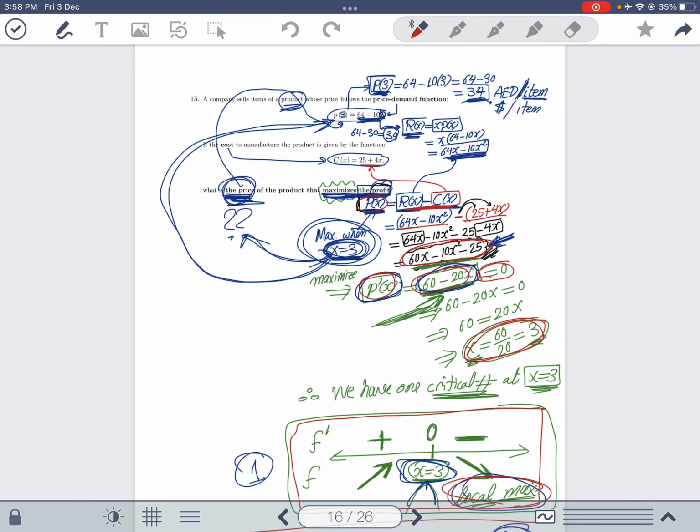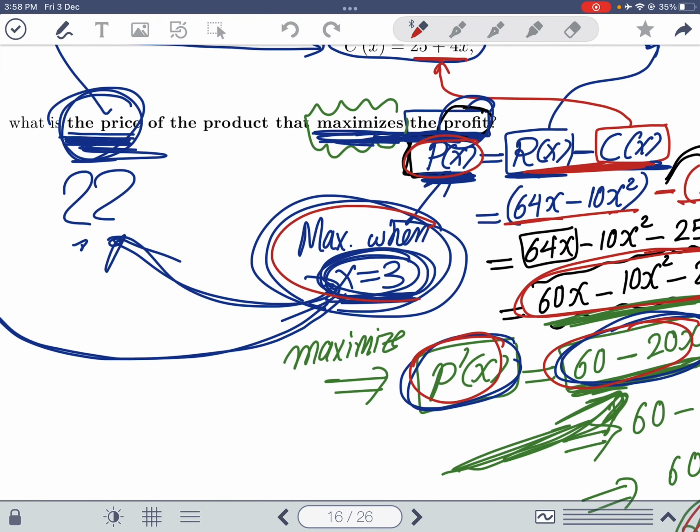And so you know that at x equals 3, our profit is maximum. So now you take this x equals 3 and plug it back in the price demand function, because they asked us to find the price.